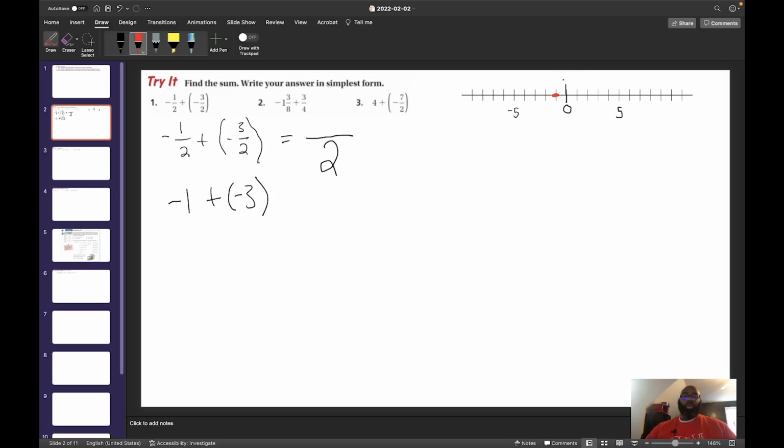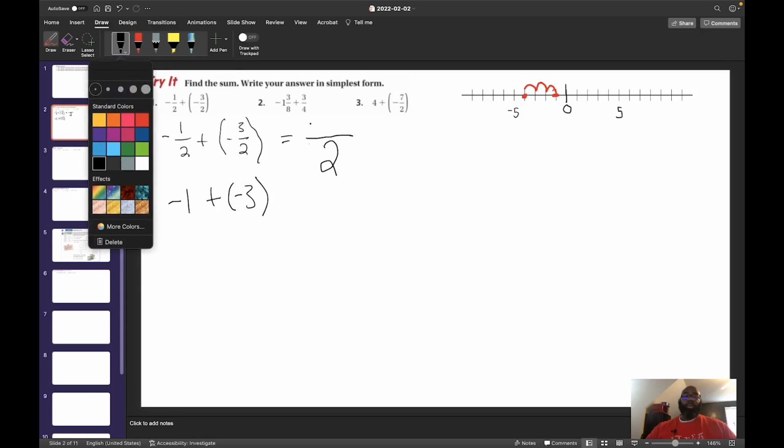Plus means we're going to go to the right, but since the sign on the second number is negative, we're going to switch which direction we go. Instead of going right, we're going to go left. So we'll start here and go left 1, 2, and 3 times. That will put us here, and that value is negative 4.